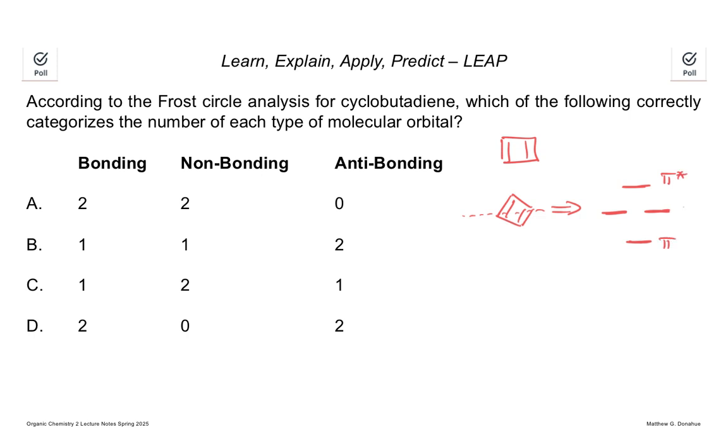So I'll just say NBO, non-bonding orbitals. So which of the following correctly categorizes the number of each type of orbital? So we have one bonding, that gets rid of A and D, two non-bonding, so that gets rid of B, and we have one anti-bonding.